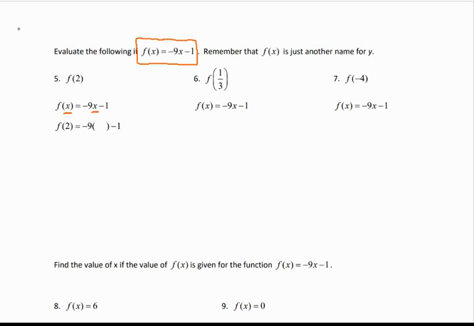So notice they started it for you. f of 2 equals negative 9, and I'm going to plug in 2 again where I see an x, and then we just simplify. Negative 9 times 2 is negative 18. Bring down minus 1. And negative 18 minus 1 is negative 19. So that's my solution. f of 2 equals negative 19.